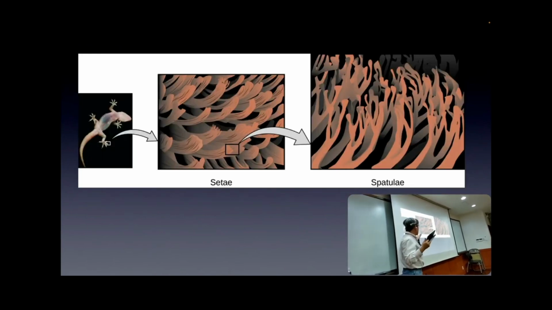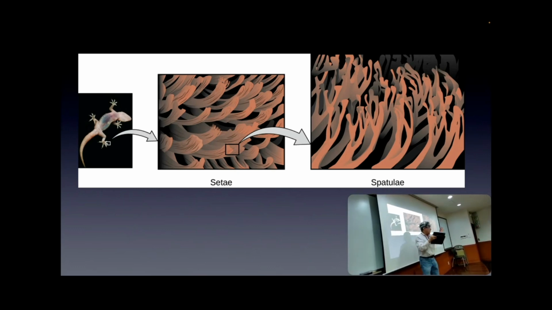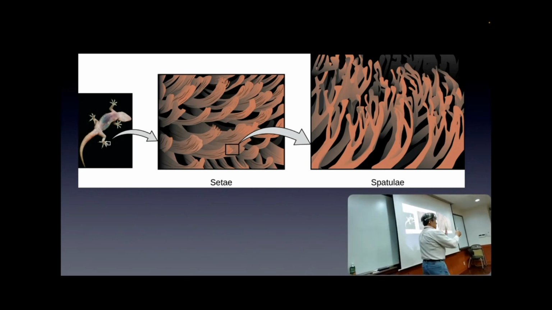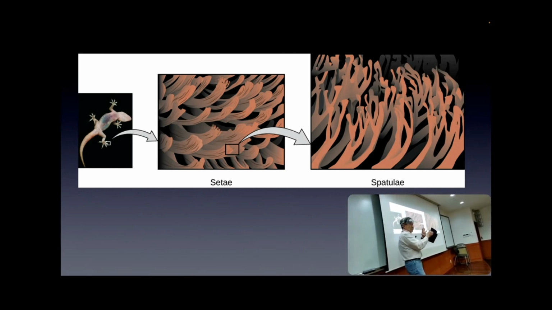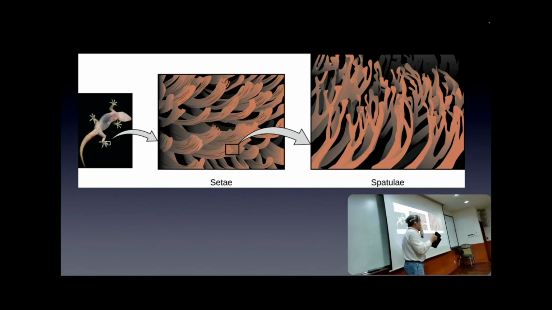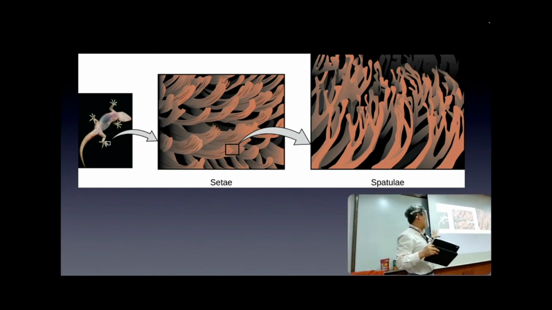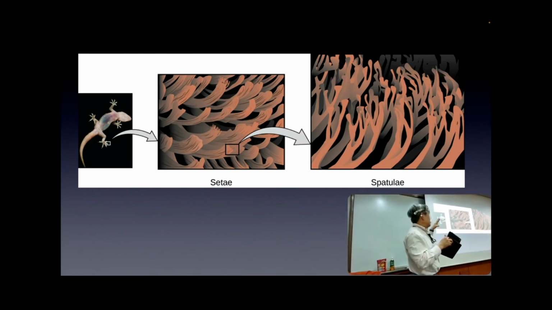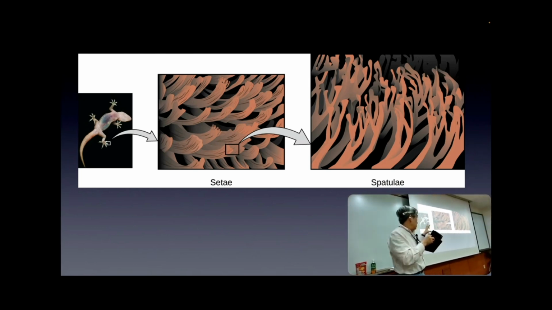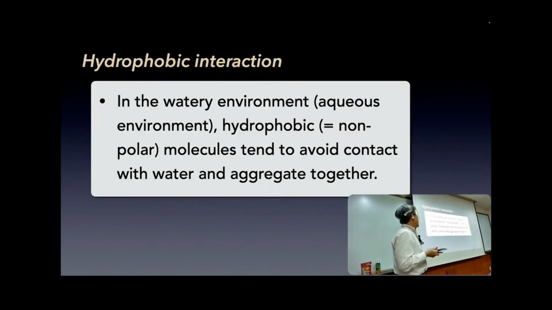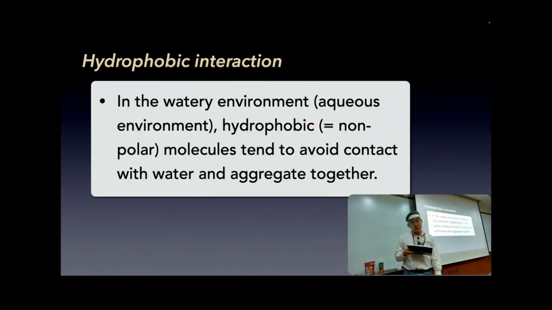And if we zoom in, their surface has a very, very extended area to easily create such interaction, van der Waals force generating interaction with the surface of a glass wall, and it generates some very sticky force, so that's how it can climb up. So that's about the van der Waals force.